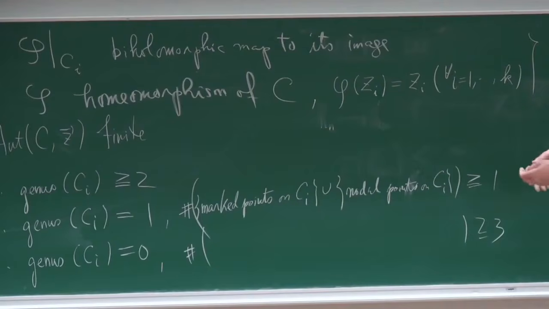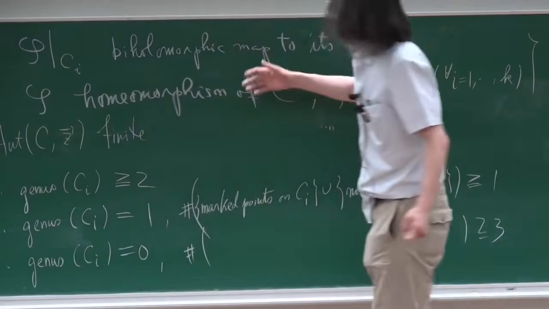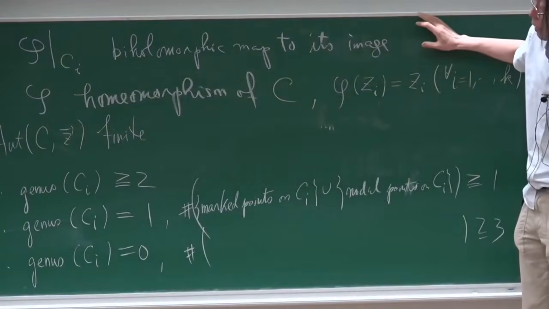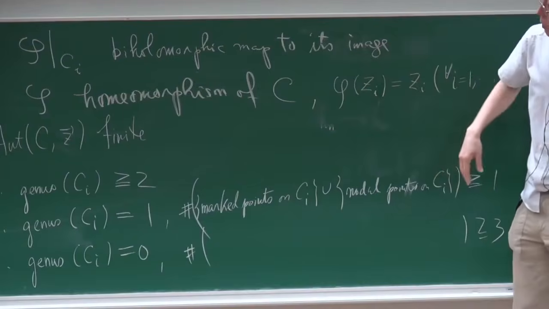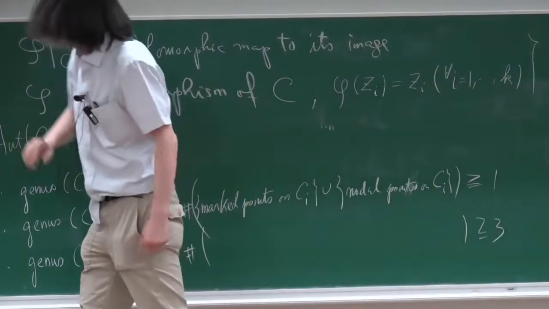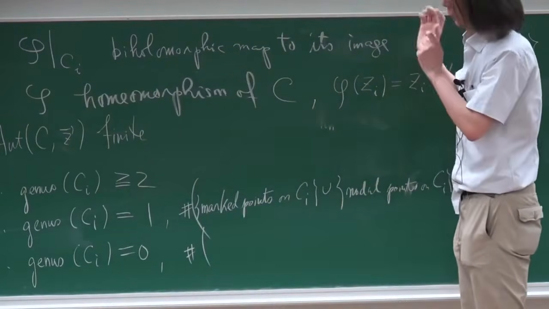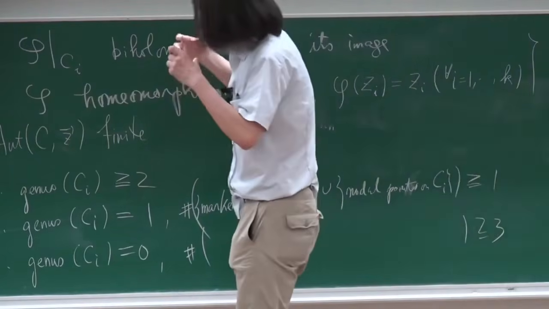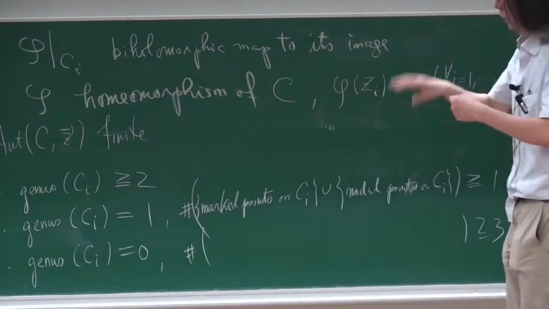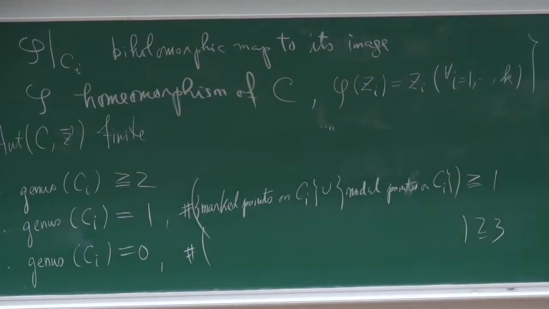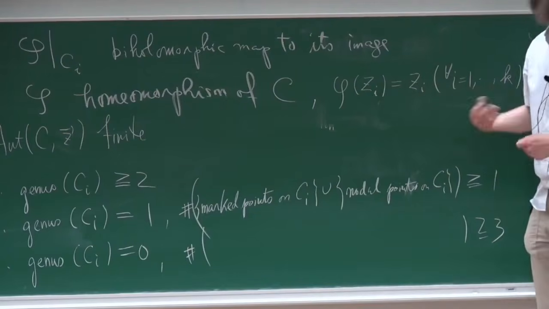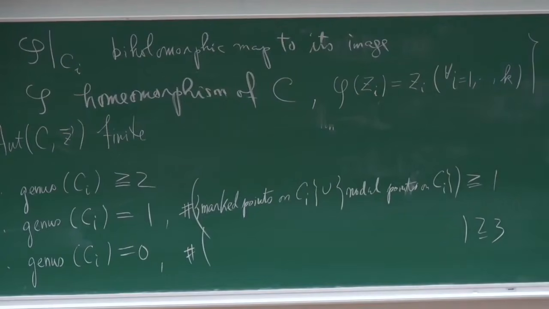Certainly, we have only finitely many components. So here I have only finitely many components, and so finitely many nodal points. So therefore, you can also say that this is stable if the automorphisms, so that phi is a biholomorphic map of Ci, and nodal points are mapped to themselves, and marked points are mapped to themselves, such a thing is finite.